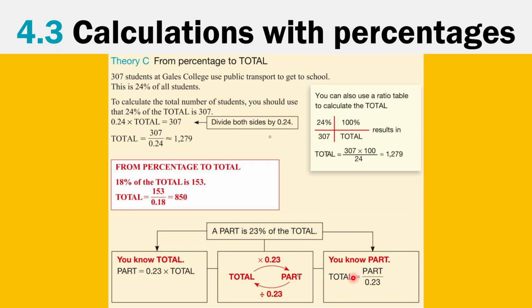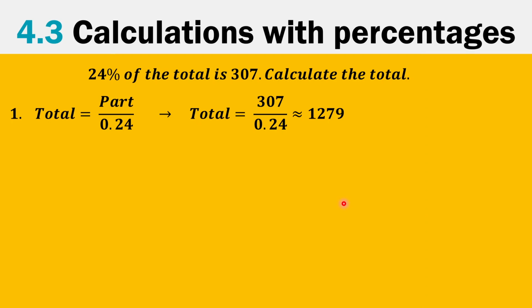And there are very different ways to write down this calculation. So in the next slide, I want to discuss the differences and which ways you can use to write down your calculation. And they're all giving you the same answer, of course, otherwise they won't be correct. So, again, this is the calculation of the previous slide, 24% of the total is 307.